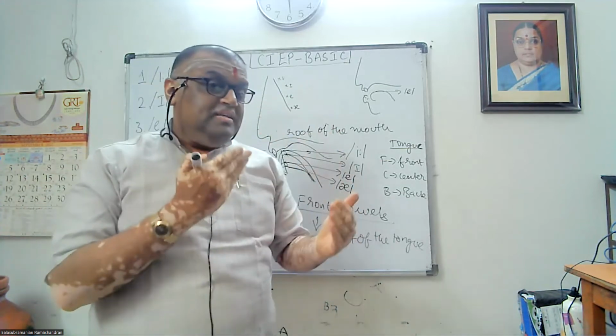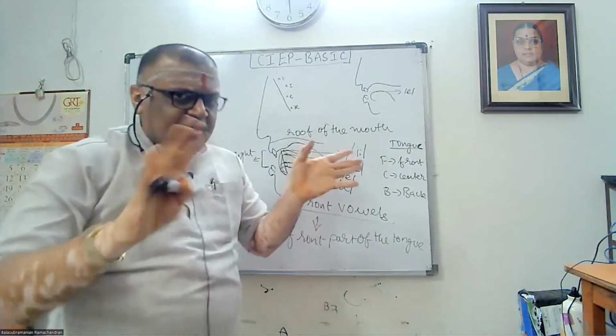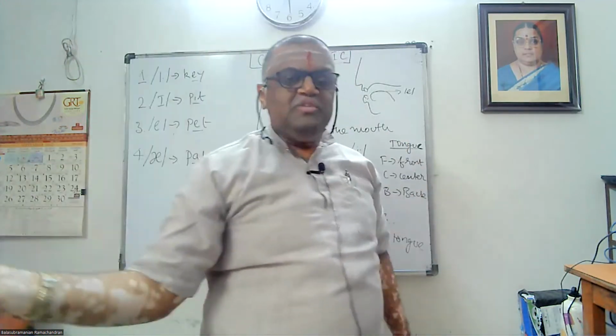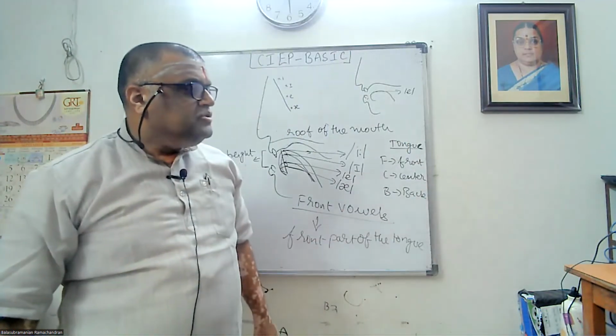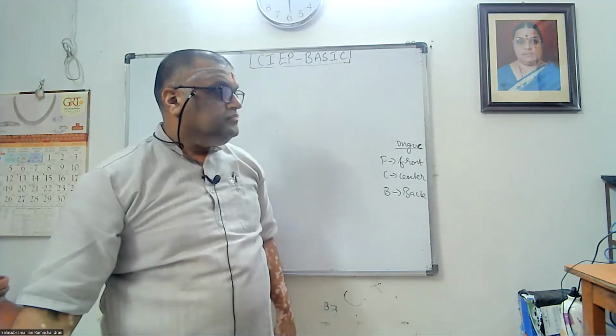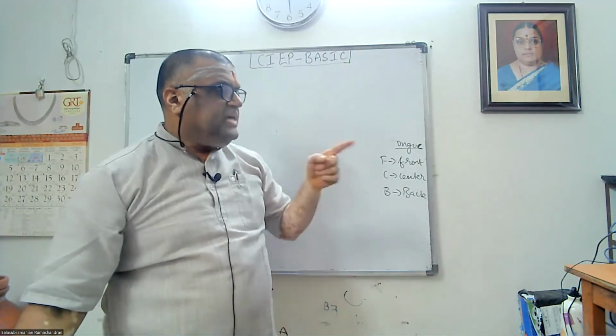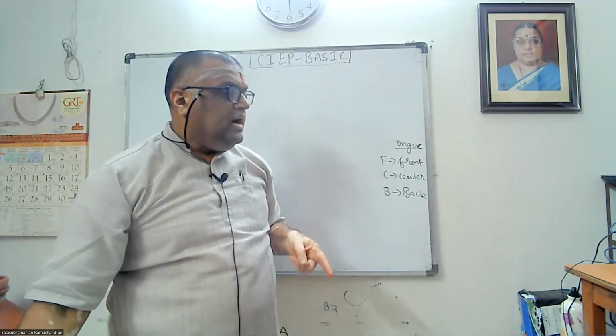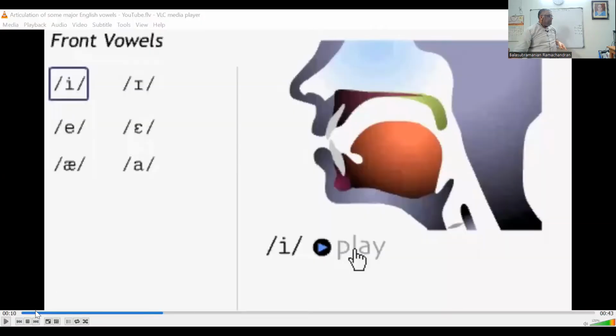Now let us see if there are any center vowels or back vowels. There are center vowels and back vowels, but let us look at back vowels first, then come to center. Let me share screen and show you this video again.